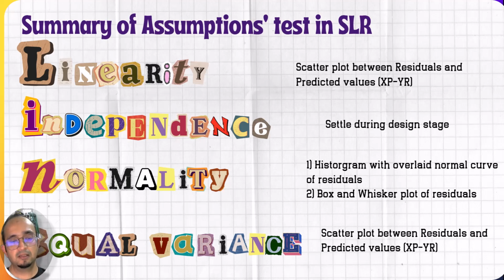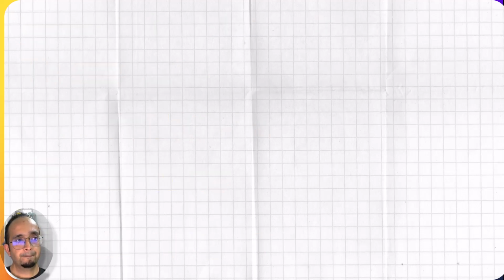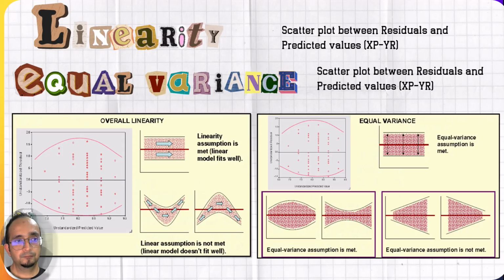This is the same as checking linearity. So for linearity and equality of variance, we can use a scatter plot between residual and predicted value. If there is no pattern at all in the scatter diagram, then we can say that the linearity assumption is met.